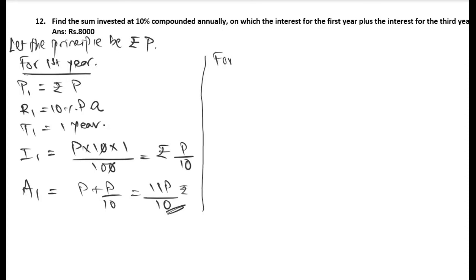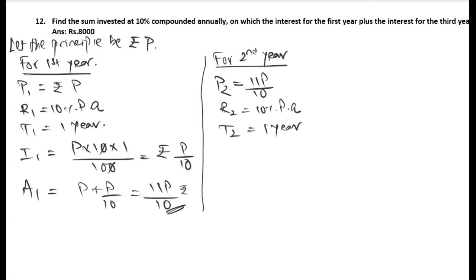For the second year, P2 will be equal to 11P by 10. The principal for the second year will be the amount for the first year. R2 will be 10% per annum and T2 will be 1 year. So I2 is 11P by 10 into 10 into 1 upon 100. 11P by 10 into 10 upon 100. Okay, so 10 gets cut.